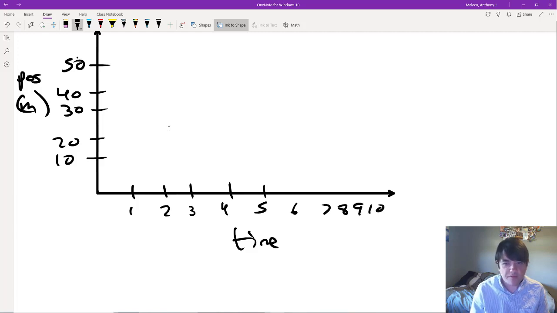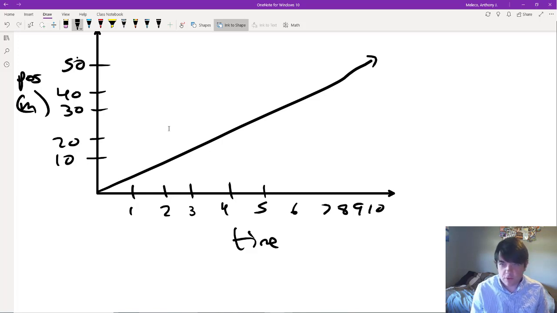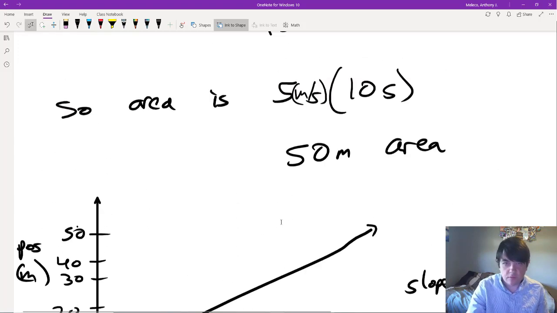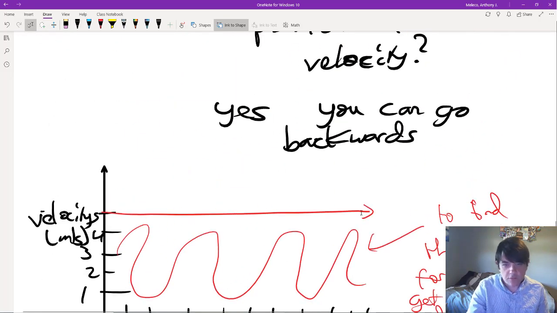Okay, we go up to 50 over 10 seconds. And you'll notice our slope now is rise, 50 over 10, those cancel, it's 5, which is what this was.